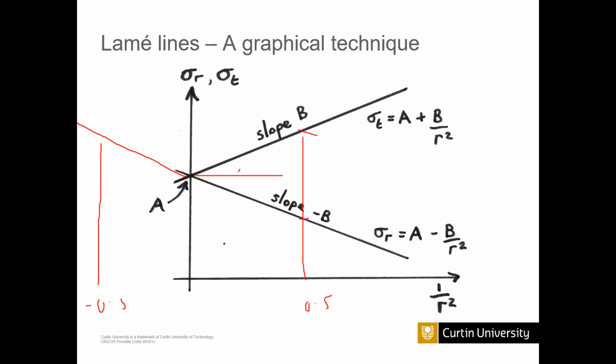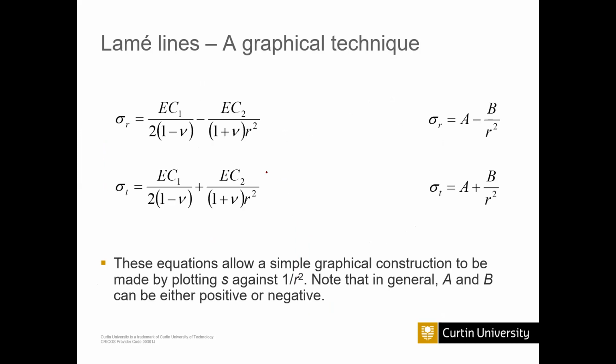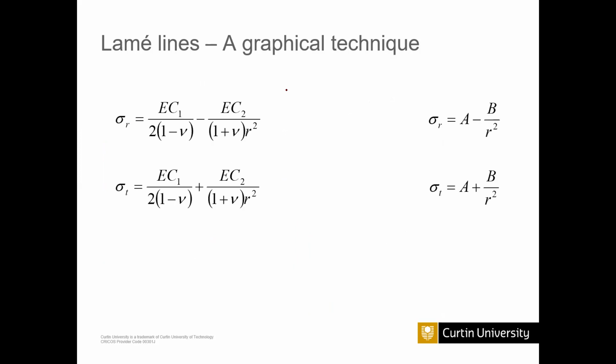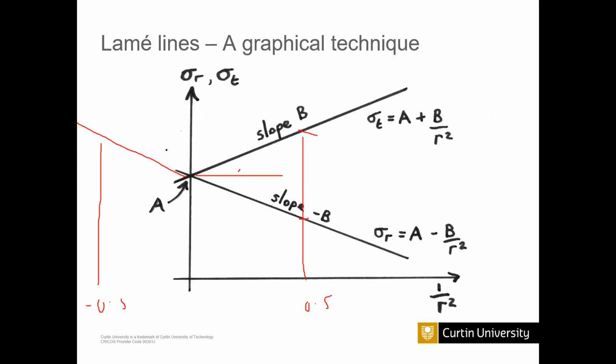That is the main advantage of the graphical method. So the Lame technique means we use these two equations and draw the curves for sigma r and sigma t, and we saw the relationship there. Then using one line, we can read both the tangential and radial stresses.